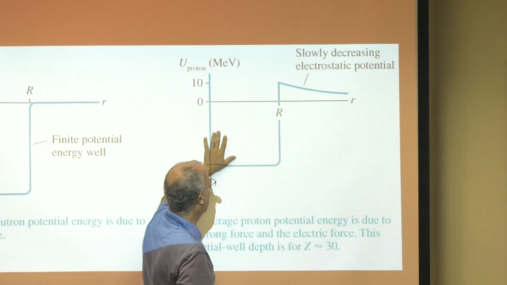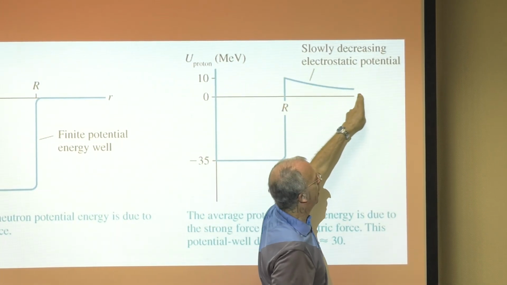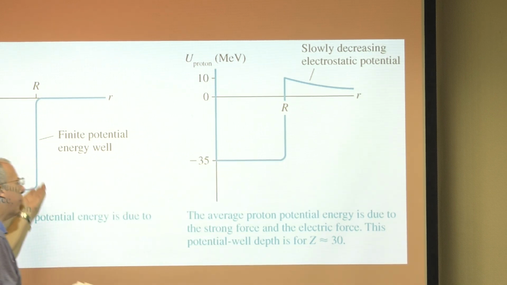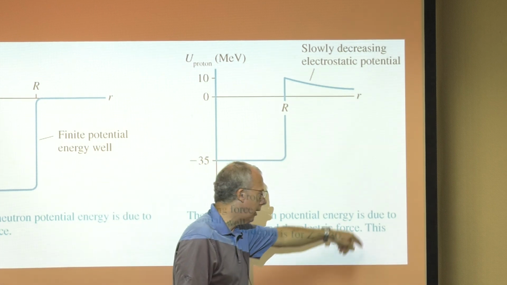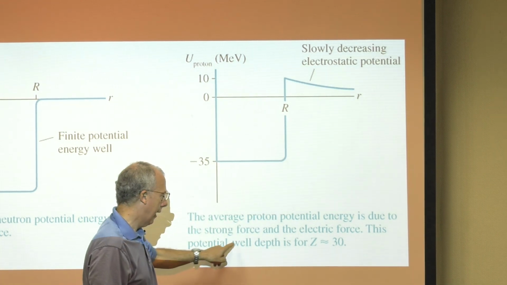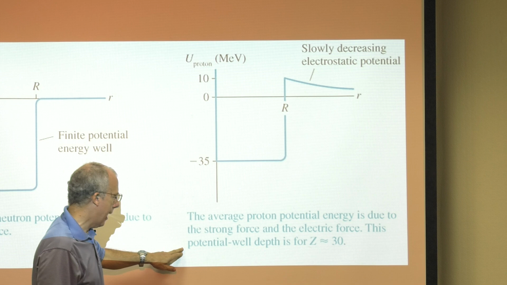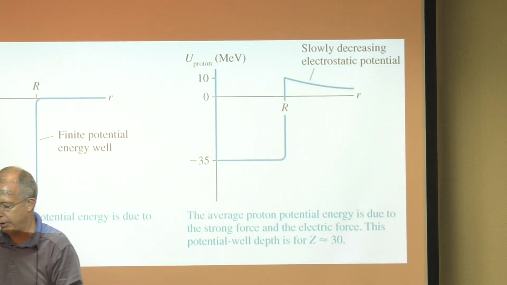So you have the attractive strong force, then this 1 over r potential energy due to the other protons. There are two pieces: the average proton potential energy is due to the strong force, attractive, and the electric force, repulsive. And this is the potential well depth for Z is about 30.